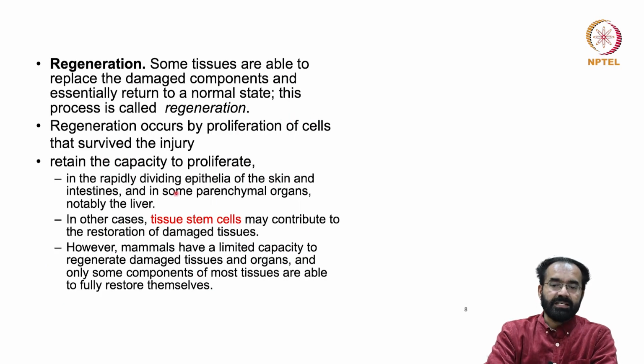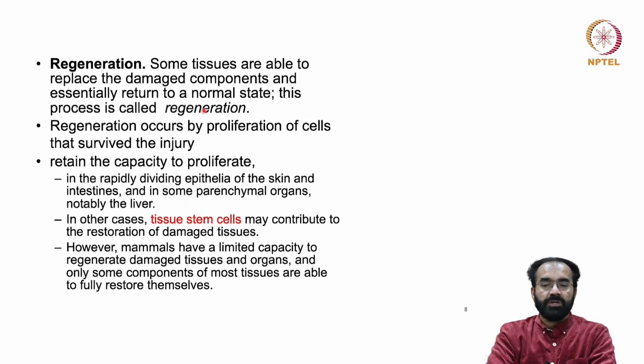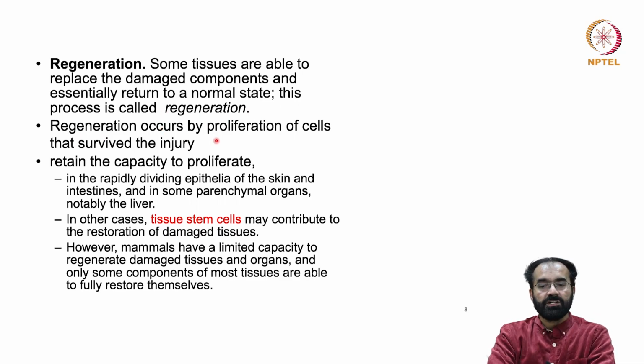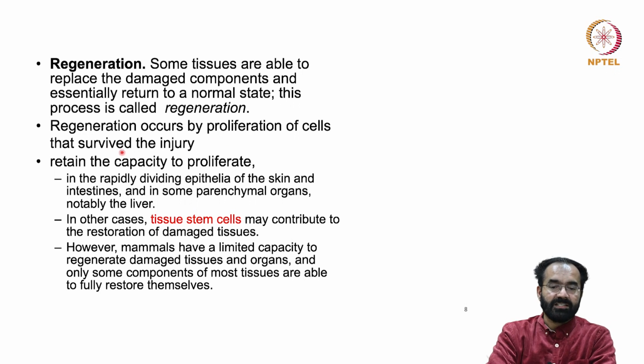So regeneration is when some tissues are able to replace the damaged components and essentially return to a normal state. This process is called regeneration. Regeneration occurs by proliferation of cells that survived the injury, in the neighborhood of the cells, and they retain the capacity to proliferate, in rapidly dividing epithelia of the skin and intestine and in some parenchymal cell glands, mainly the liver.